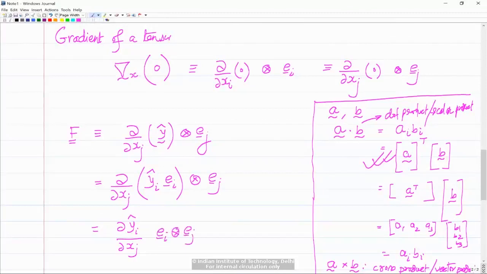See, we did not differentiate ei with respect to xj because this basis E1, E2, E3 is constant, no? It is not changing with x1, x2, x3. Therefore, we did not differentiate. But if you choose a basis which is also changing, for example, in a cylindrical coordinate system, Er, E theta, Ez, Er and E theta change with theta. So in that case, if you take differentiation with theta, you'll also have to differentiate Er and E theta. But here, you don't have to do that because you have the very simple Cartesian basis, E1, E2, E3. Okay.